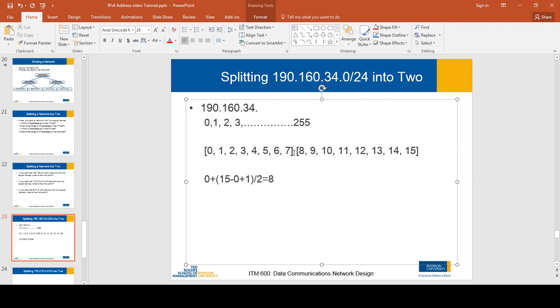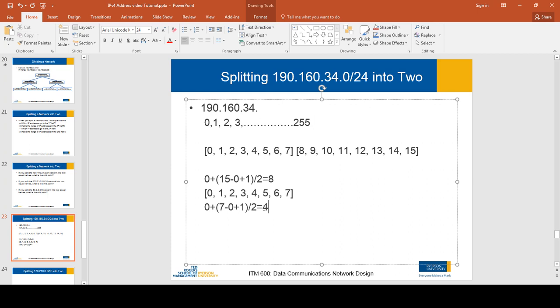Now if I split the first half again with the same equation, the lowest number plus the highest number, which is 7, minus the lowest number, which is 0, plus 1, and divide this result by 2, that gives us again 8 by 2, which is 4.